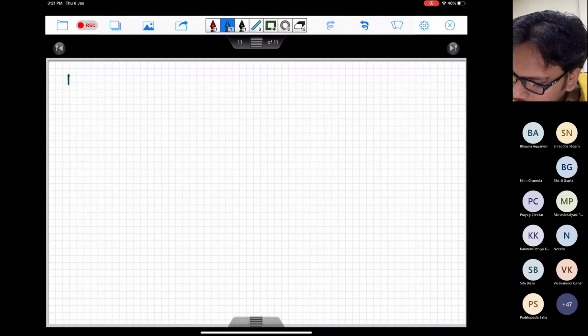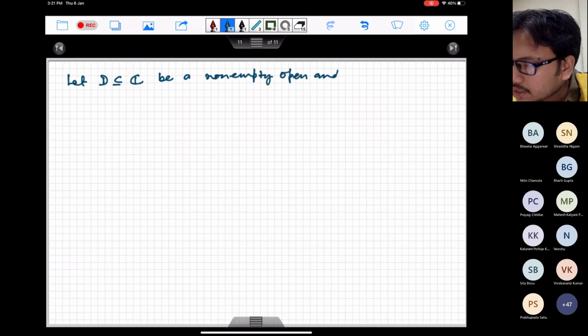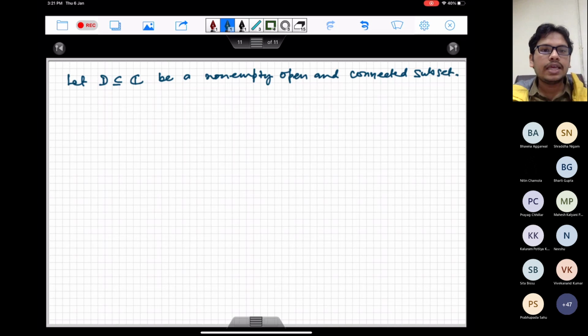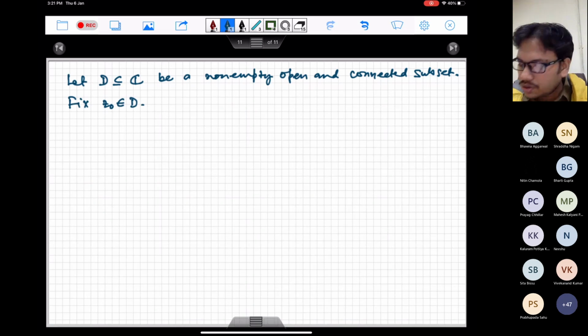So let D subset C be a non-empty, open, and connected subset. I have to show that D is path connected. Okay, fine. So fix a point Z naught in D. Then we define two sets.